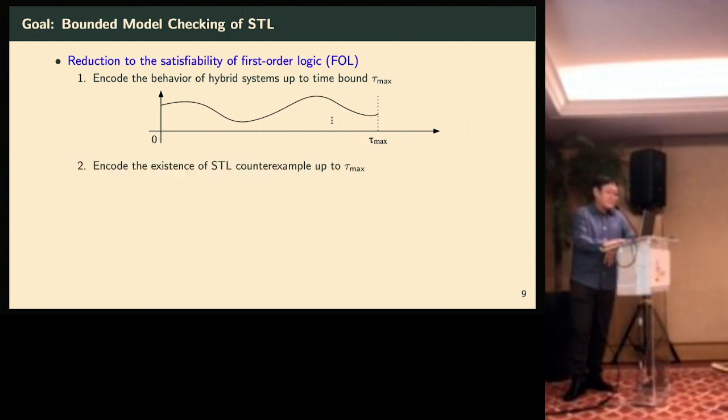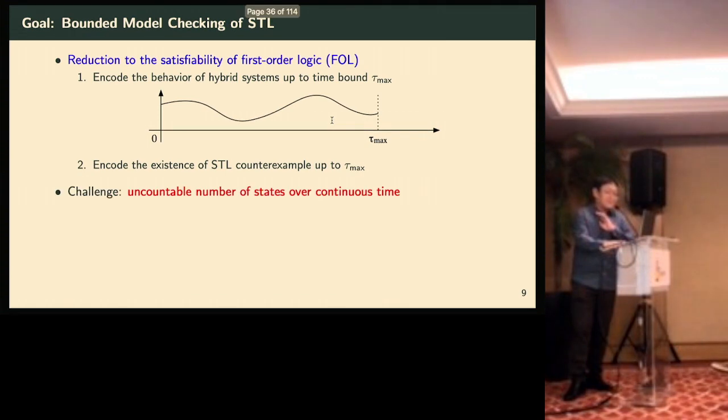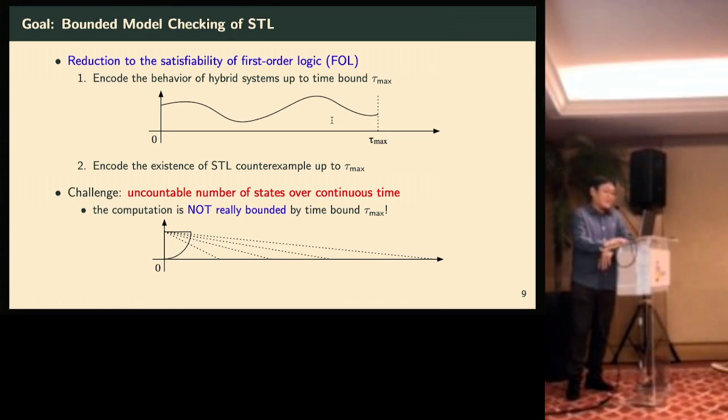But the problem is the second one: encoding the existence of an STL counterexample up to some bound. An immediate difficulty is that there is an uncountable number of states over continuous time, with nesting. This was asked several times in the questions, and there could be arbitrary nesting of different formulas, so the computation is not really bounded.